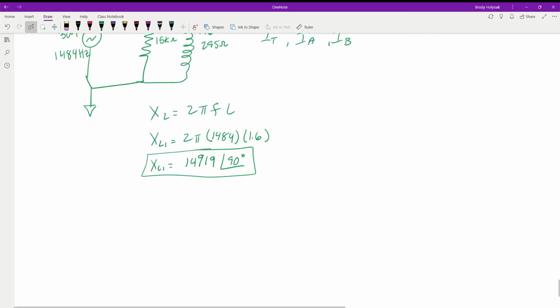Now the next one you need to find is the impedance total for our inductor. So we have 295 plus J of 14,919. We want this in polar.